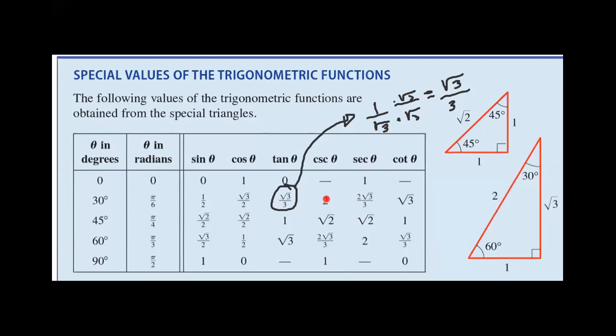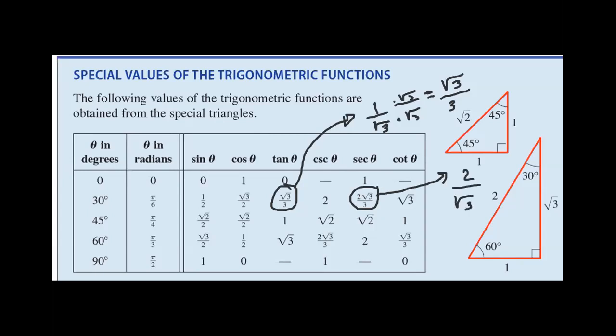Now, cosecant is 1 over sine, so we invert this fraction and we get 2. And the secant of theta is 1 over cosine, so it gives me 2 over the square root of 3.